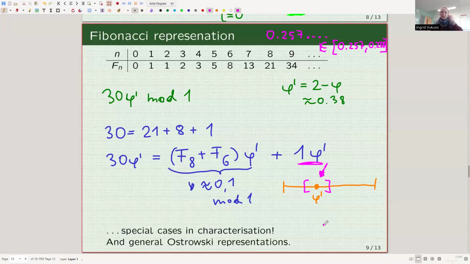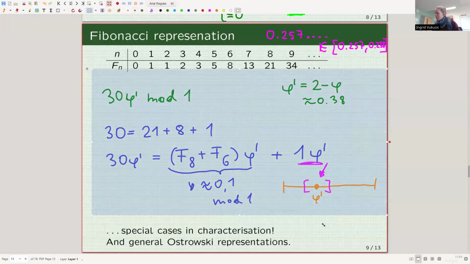And for anybody who knows Ostrowski representations, this also works in a completely general setting. What we did here was the Fibonacci numbers are the convergents to the golden ratio. But if you take a different alpha, let me just very briefly do this.